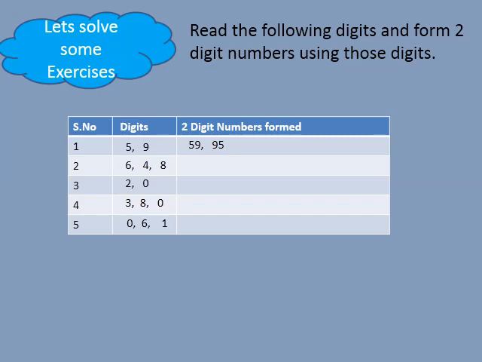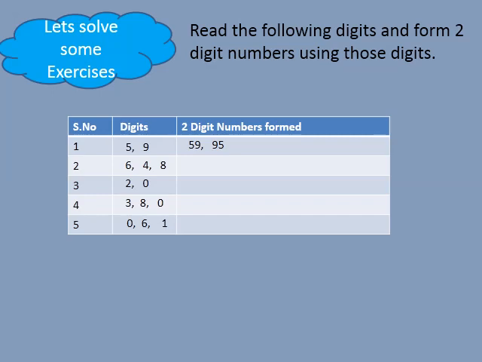With the digits given in the second question, that is 6, 4 and 8, we can form 6 in the tens place and the other two digits we will put in the units place one after the other. That is 6 in the tens place and 4 in the units place is 64.